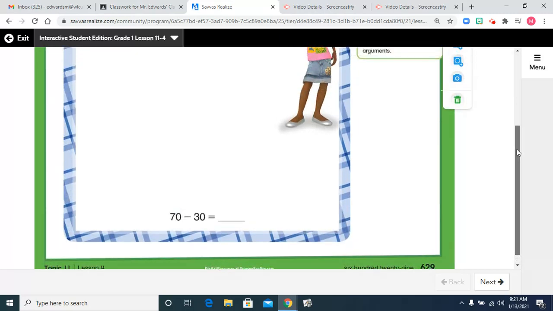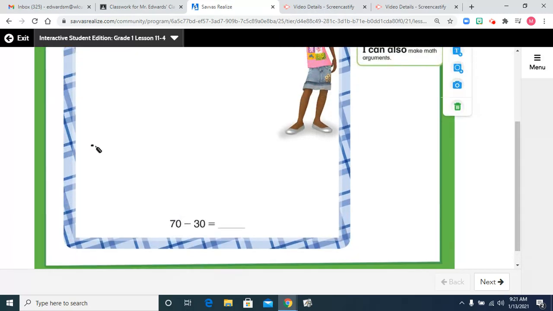Okay, 70 minus 30. So let's draw an open number line, maybe a little bit straighter than mine. If we remember from the video, we could use adding to help us subtract. So 70 minus 30.